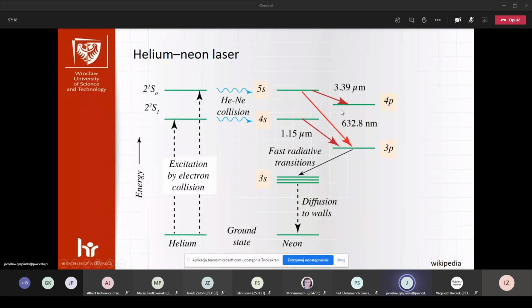So we move the electrons from the zero orbit to S0, S1. And by collision of the helium and neon atoms, we move the neon electrons toward the S3, S5, and S4 layers.